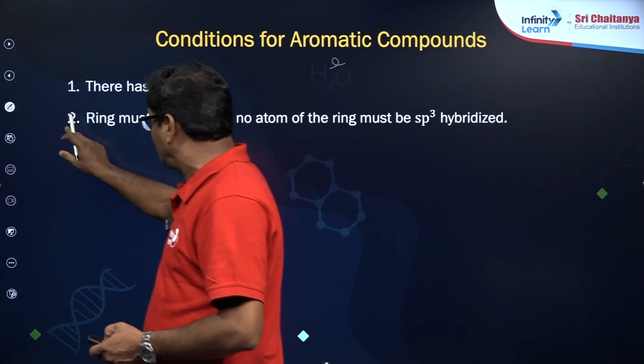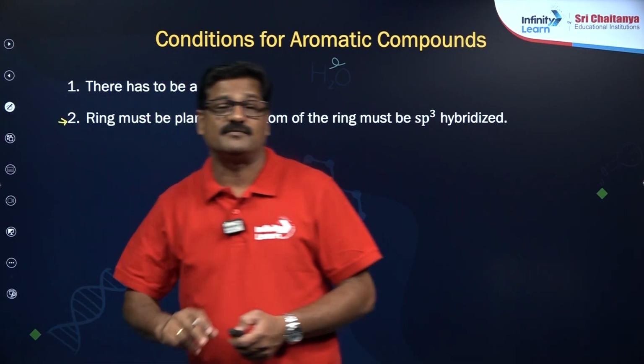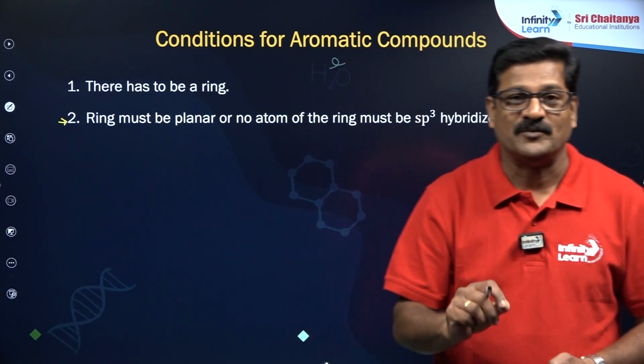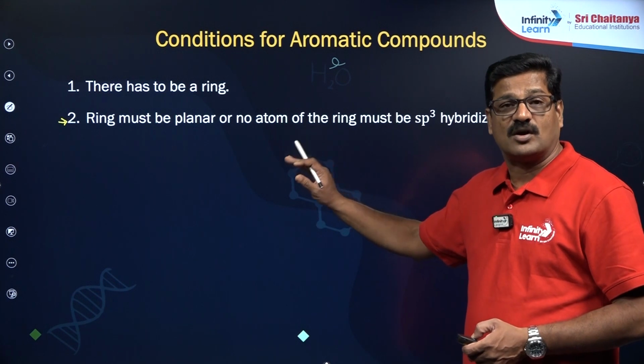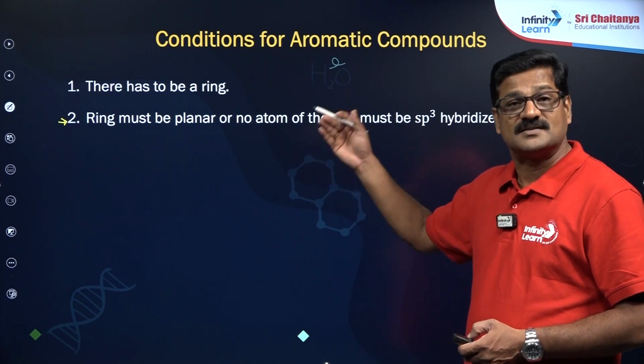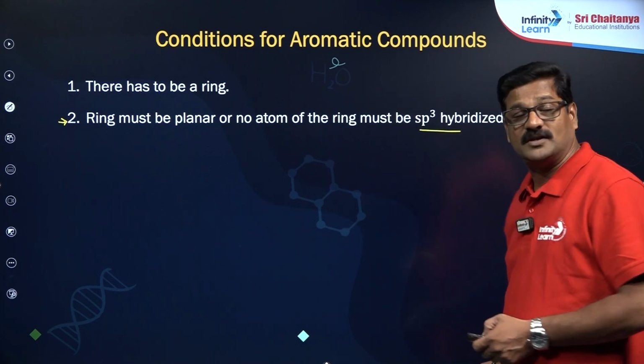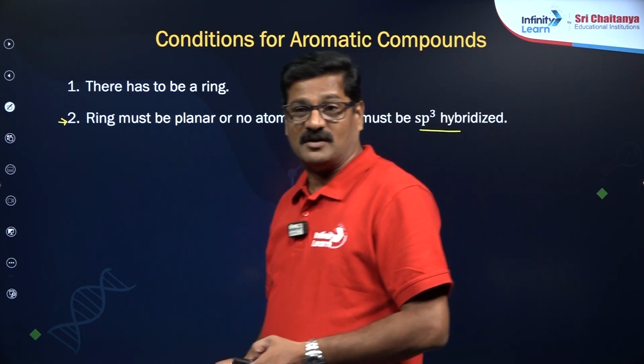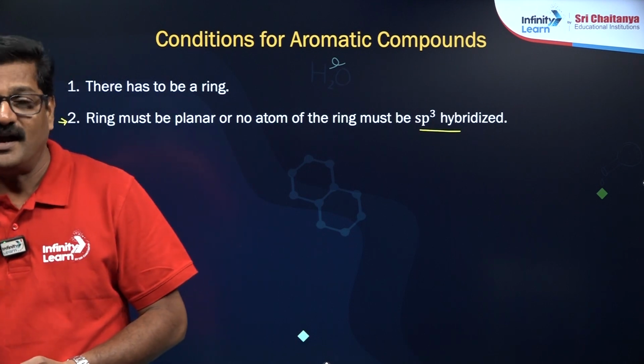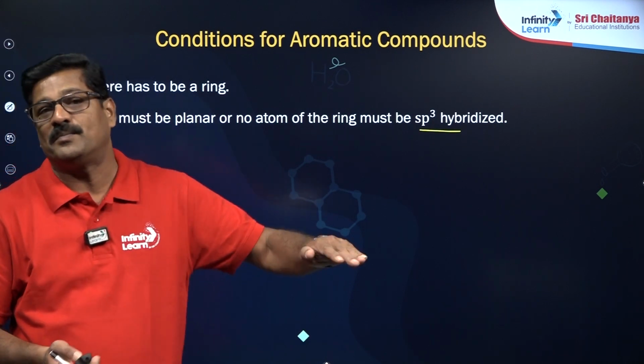This particular point causes a little confusion when you prepare for the questions. Whenever a charge or a lone pair of electrons is involved in the delocalization, you just have to ignore the hybridization to decide the planarity. I just want to say the ring should be planar.